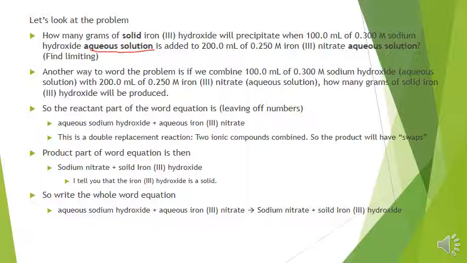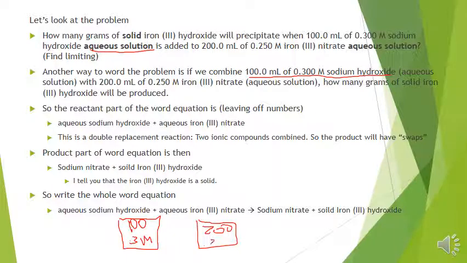Okay, so what you have to understand is what's going on here. Another way to look at it is you're going to take 100 mLs of 0.3 molar sodium hydroxide. So I have one container that's 100 mLs of 0.3 molar sodium hydroxide, and then I have another container that's 200 mLs of 0.25 molar iron 3 nitrate.